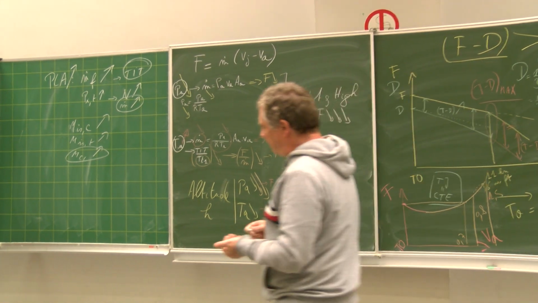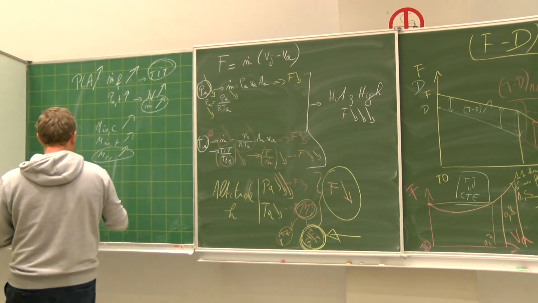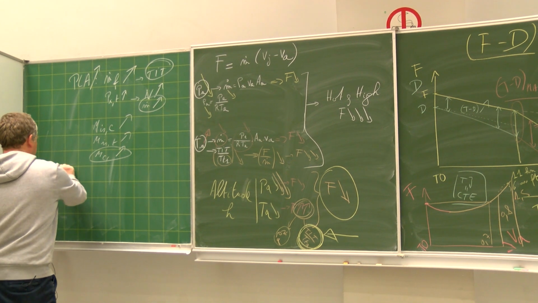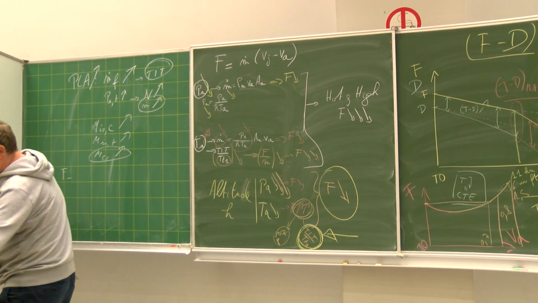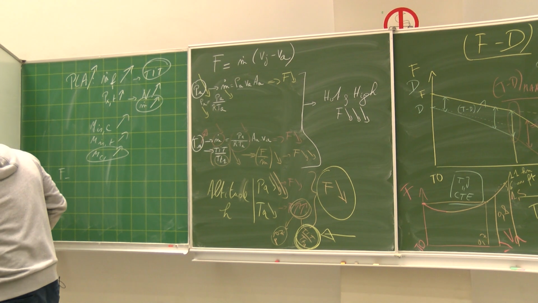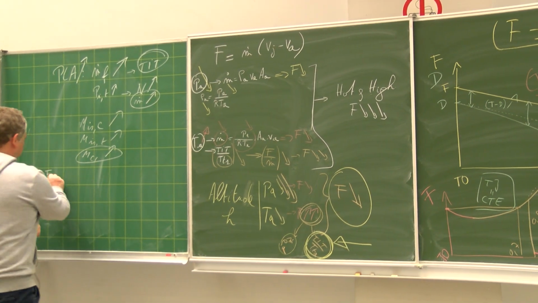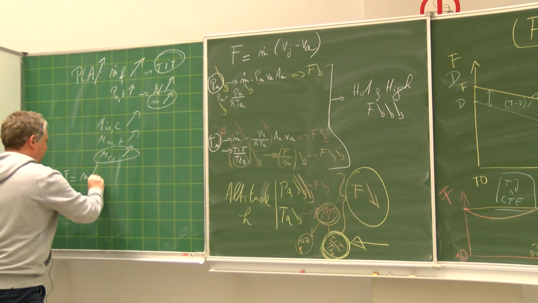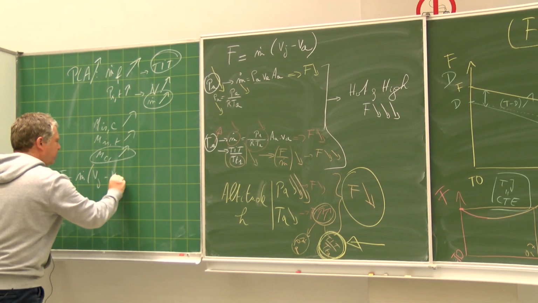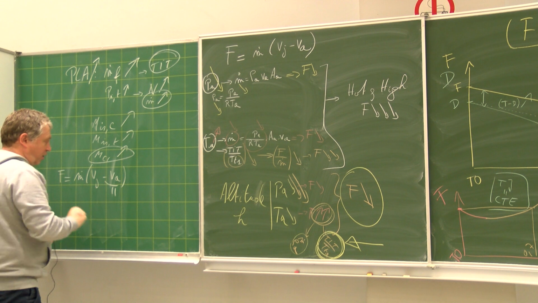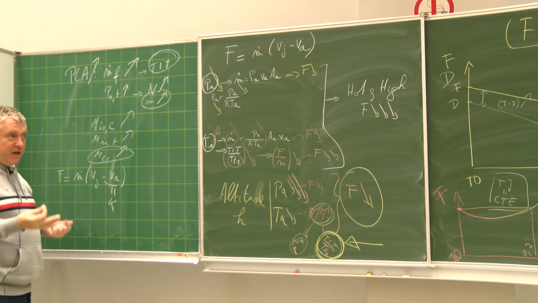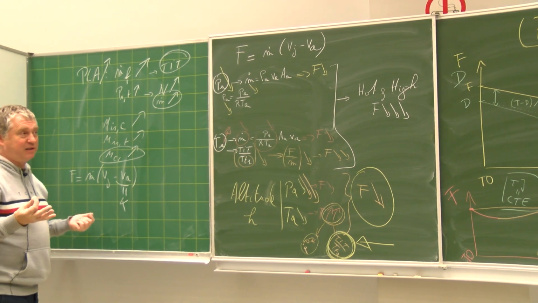And that's why, if you look at the thrust, which is equal to m dot V jet minus VA. VA is a constant, because we change one parameter at a time.